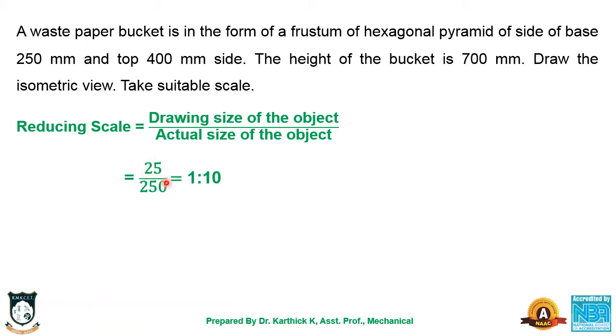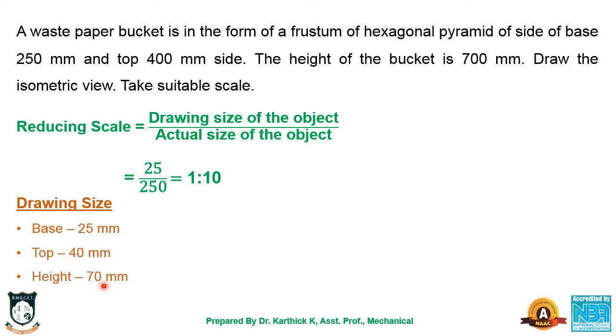So I will get the scale of 1:10. So you have to mention the reducing scale of 1:10 in my drawing sheet. So the final drawing size for this problem is base 25 mm, top 40 mm, height is 70 mm.